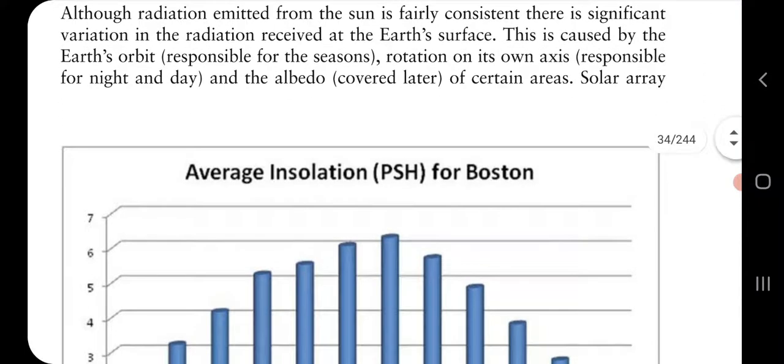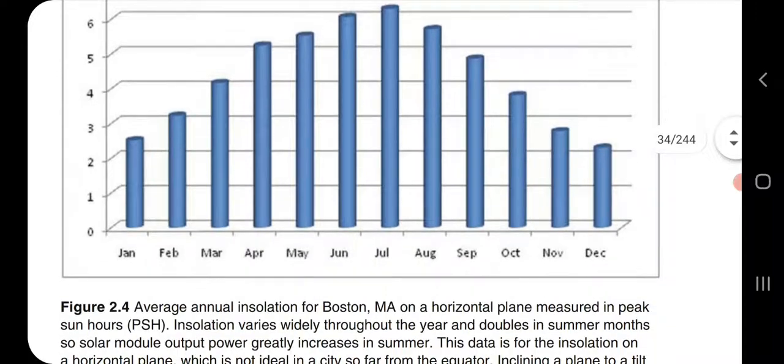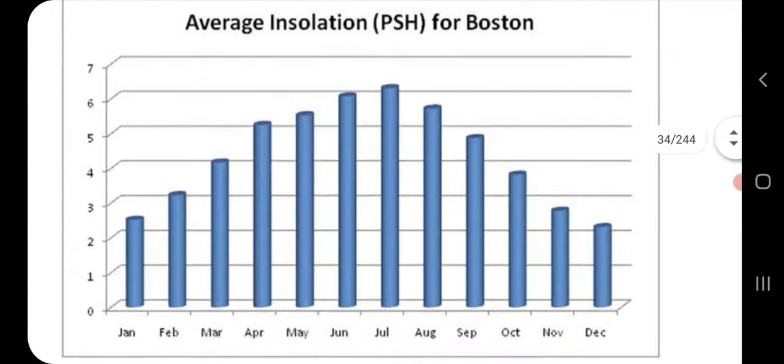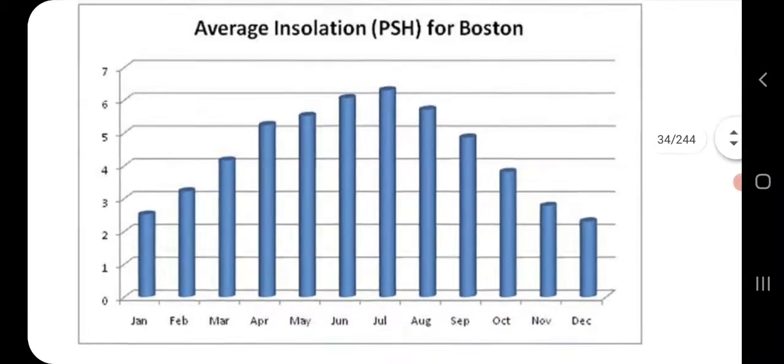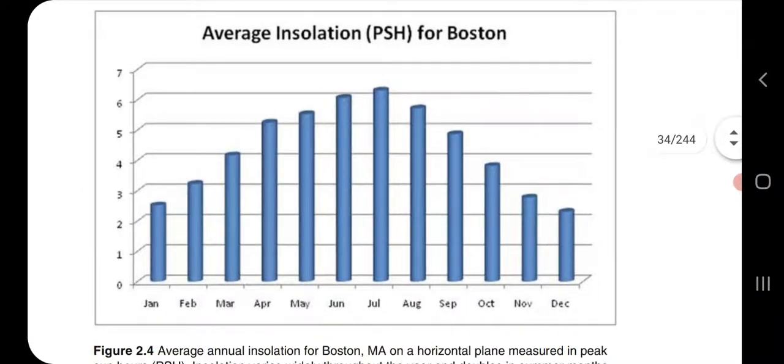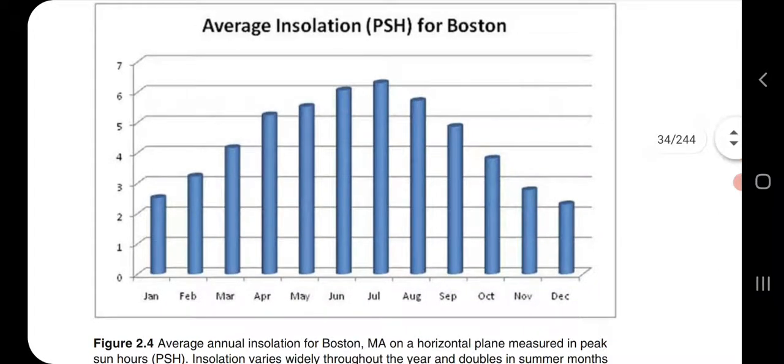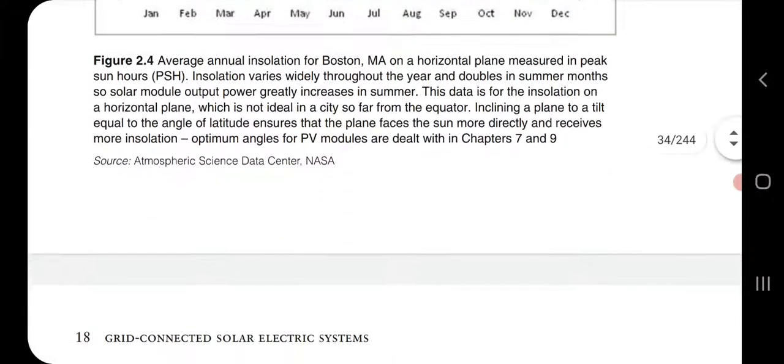In this graph, they have shown the average insolation for Boston, a place where the radiation of the sun is measured from January to December. In May, June and July, the amount of radiation will be more.